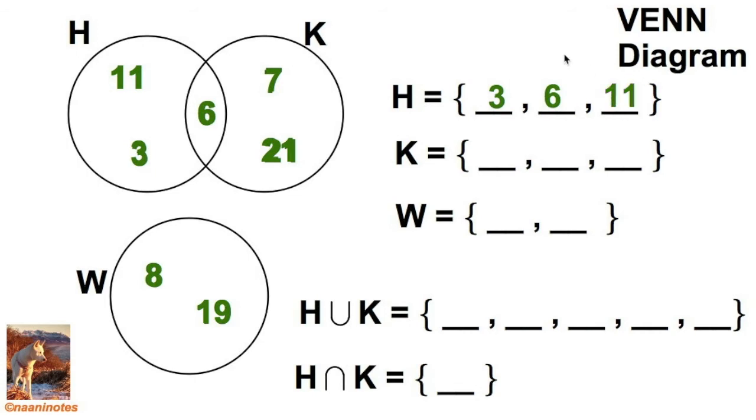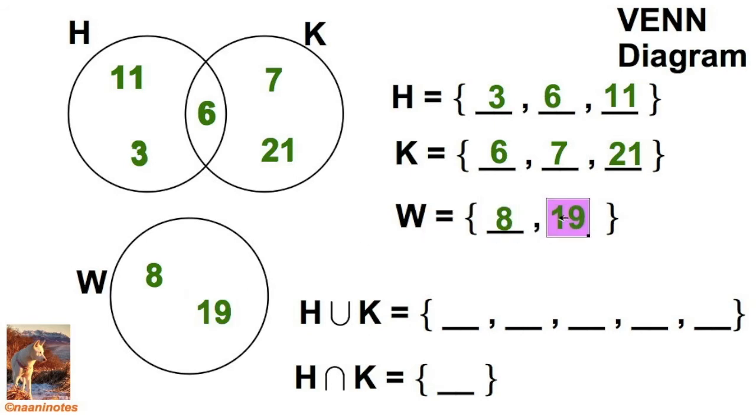There's 1, 2, 3 elements, 3, 6, and 11, that are members or elements of set H. For set K, that's going to be 6, 7, and 21. Now, down here on set W, I've got an 8 and I've got a 19.